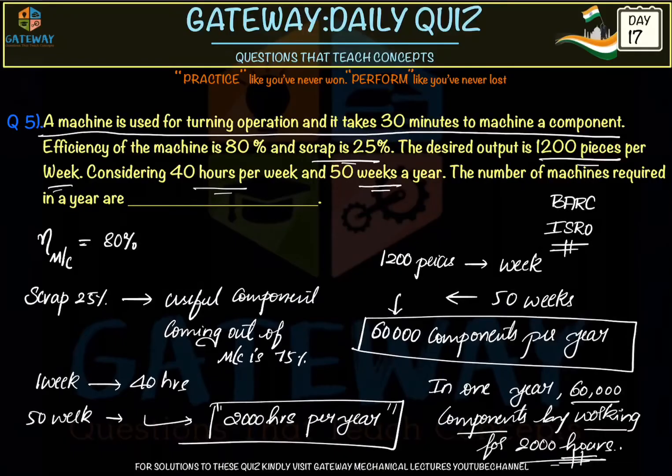Okay, this is the question. This is a basic question of mathematics. There is nothing much. You just practice this question once, modify the question by yourself, change the numbers here, and then calculate. So instead of taking 30 minutes, you can take 10 minutes. Instead of taking 30 minutes, you can take 2 hours. And here also you can compare. You can take some automatic lathe and also one turret lathe, and one bench lathe.